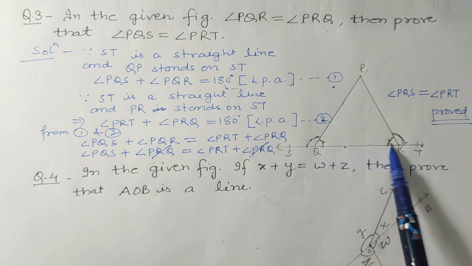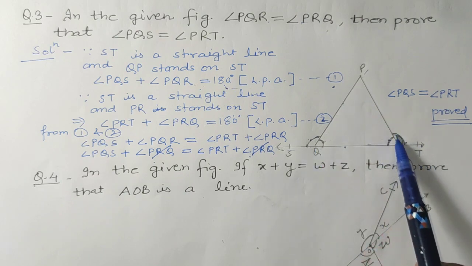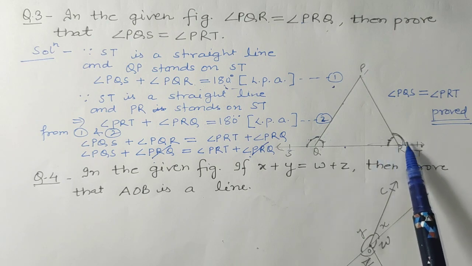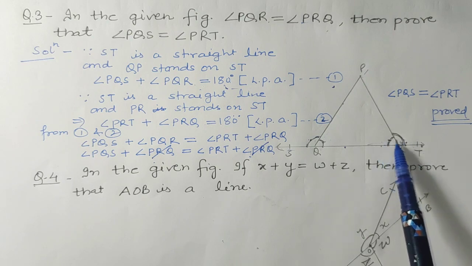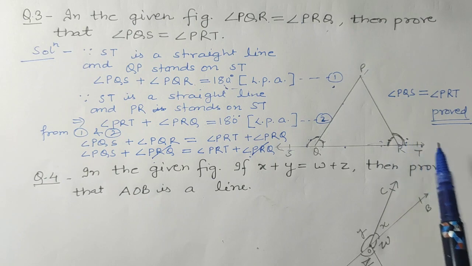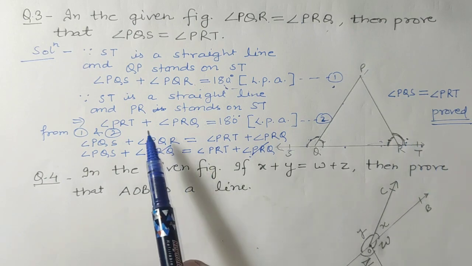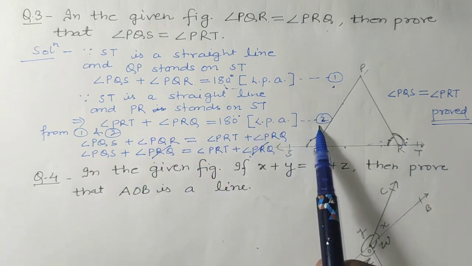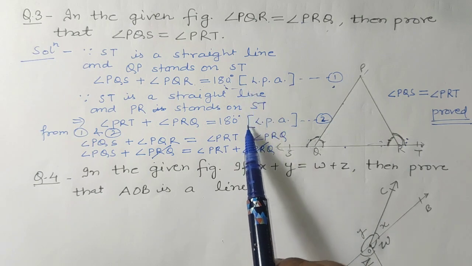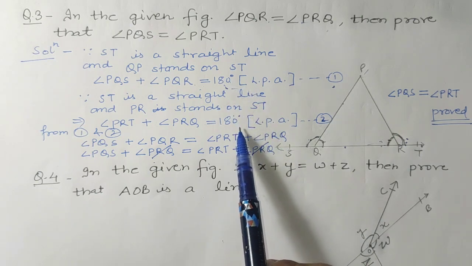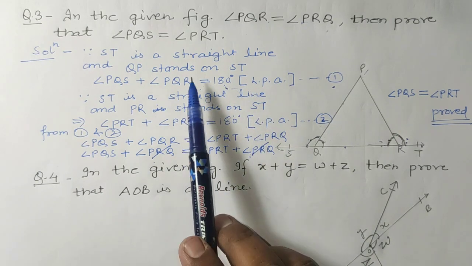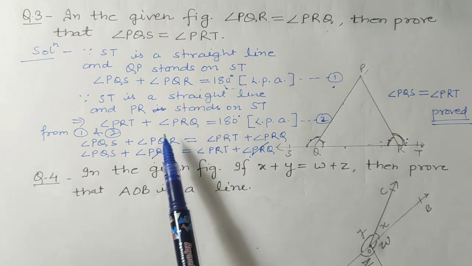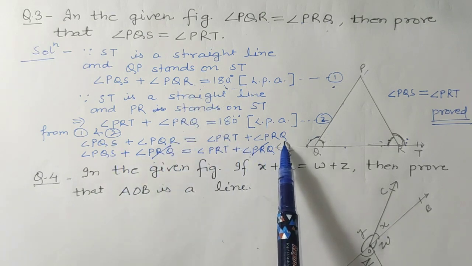Here also ST was a straight line and PR was a ray standing on this straight line. So here also the sum of these two angles is 180 degrees, which we have written in the second equation. In equation first and equation second, the right hand sides were equal, so their left hand sides should also be equal. That we have made equal.